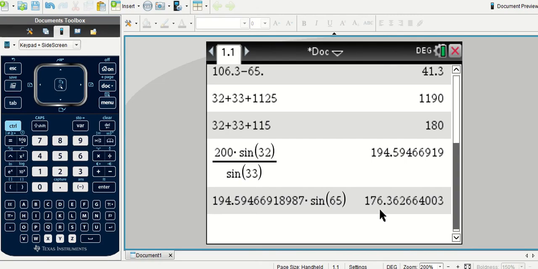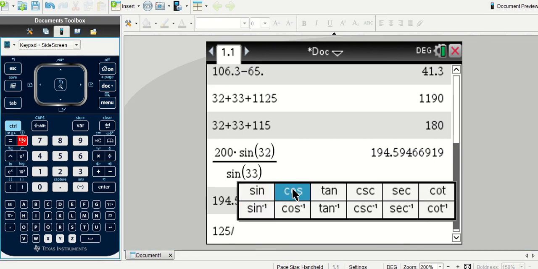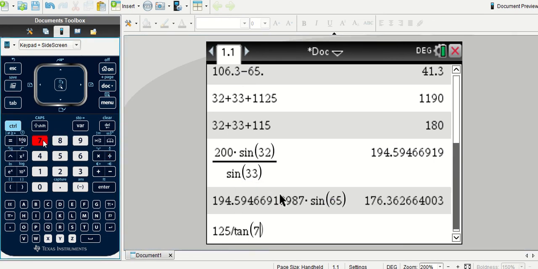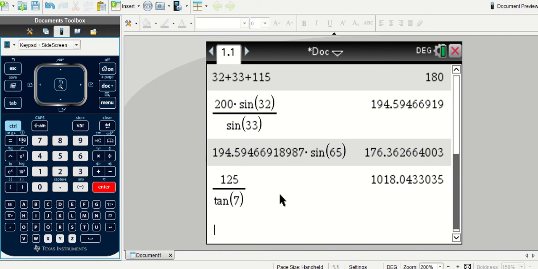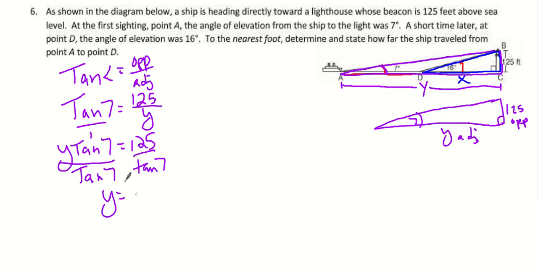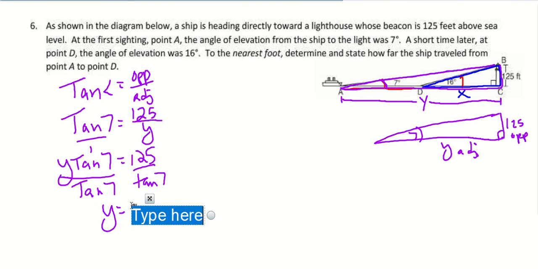So on the calculator, 125 divided by tangent 7, and hit enter. And so I end up with this number, 1018.0433035. Remember, we know we're not going to round here. So I want this whole number right here as my answer. So let's see if we can copy and paste it in here.